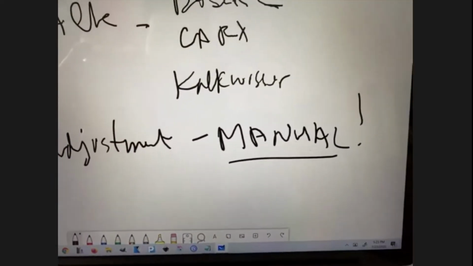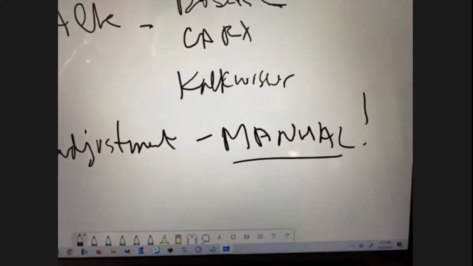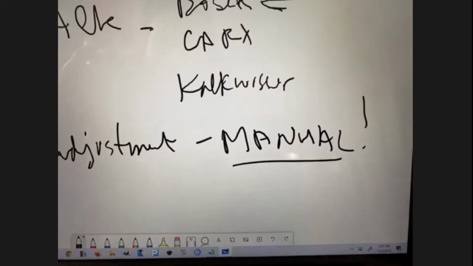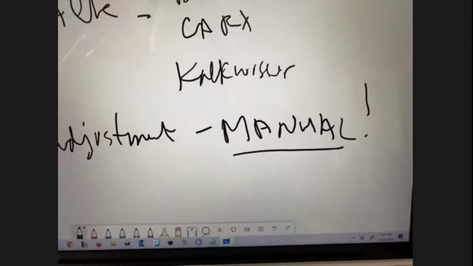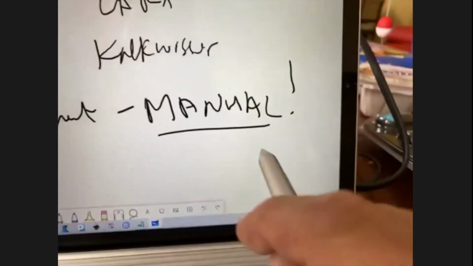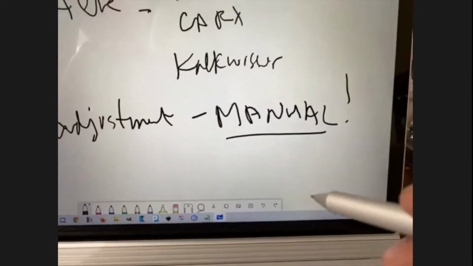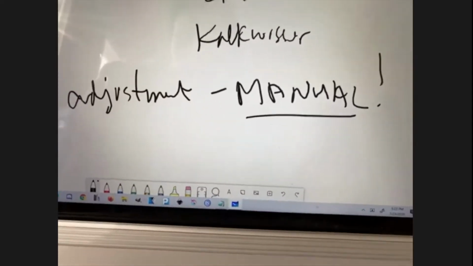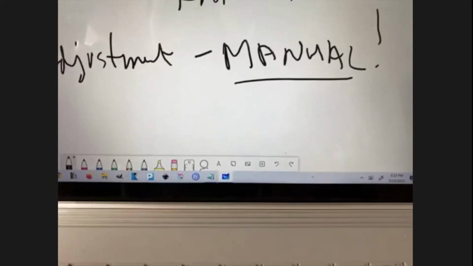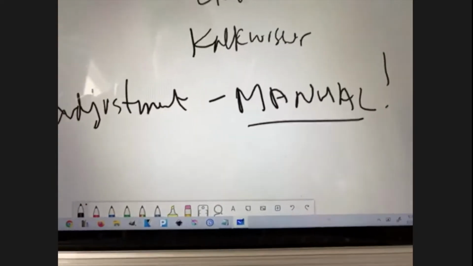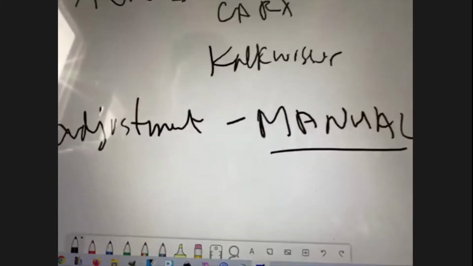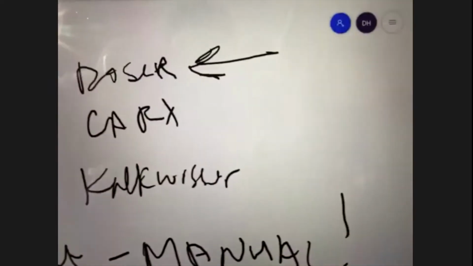Measure what you need and then take half of that and dose it over a few hours. I've made a mistake where I set my dose to automatic, got distracted about something, and then my alk spiked up and killed a bunch of stuff. So adjustment should be manual.